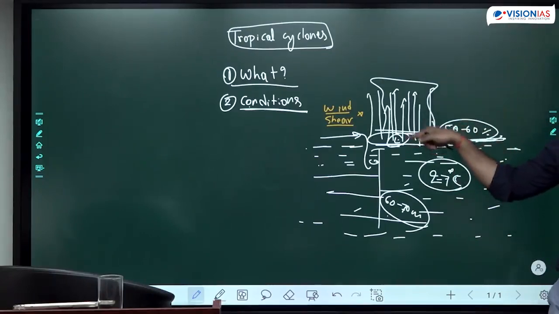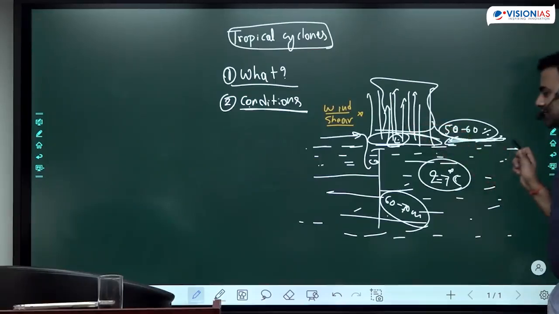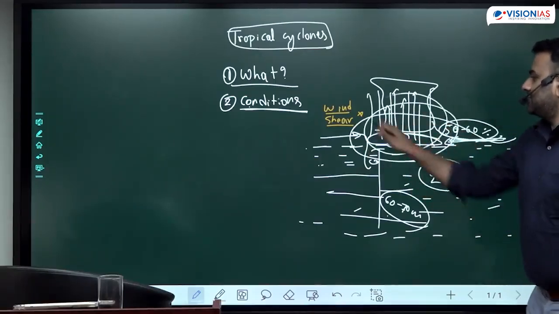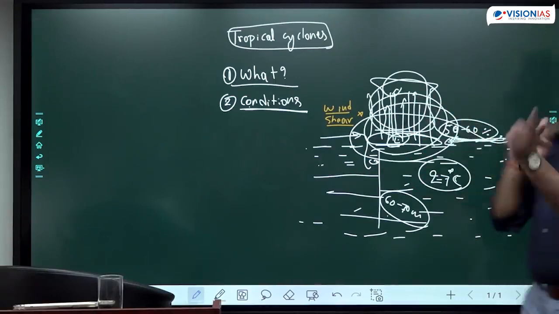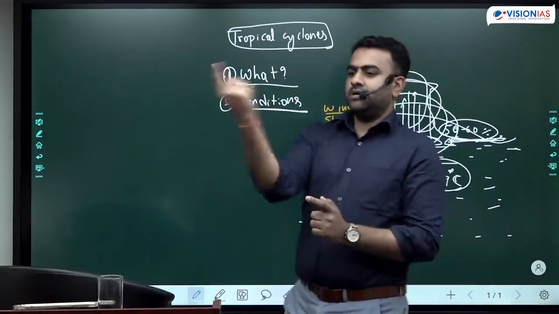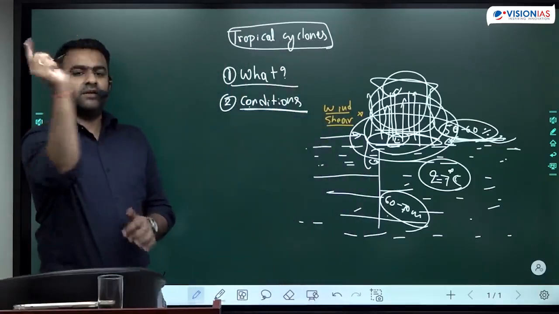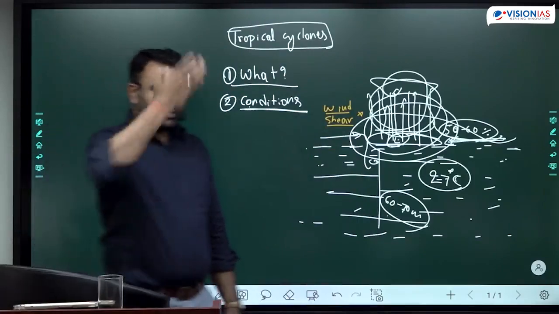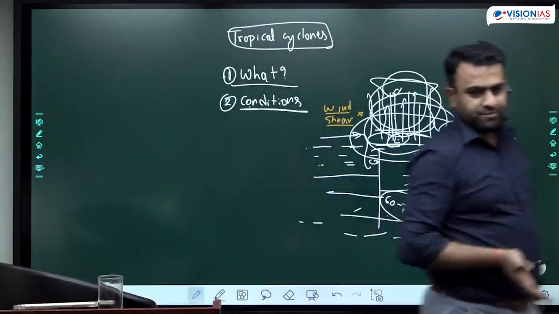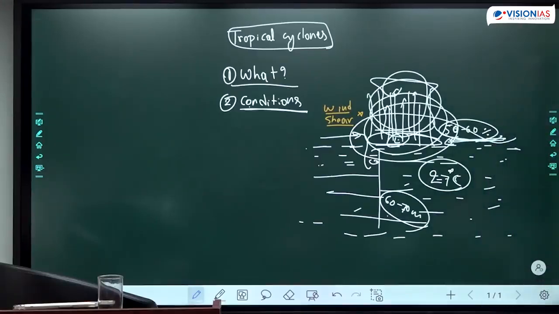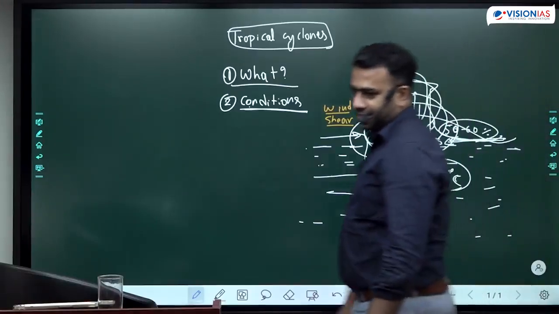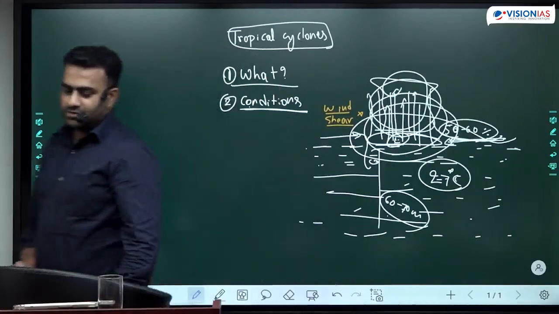It never reaches the exact center. So this air which is trying to move towards the center starts to rise like this. It is a combined process, convergence and convection. As it converges and convection happens, the convection causes the air to cool down. There is condensation, cloud formation, precipitation. The strong low pressure is maintained continuously thanks to Coriolis force.